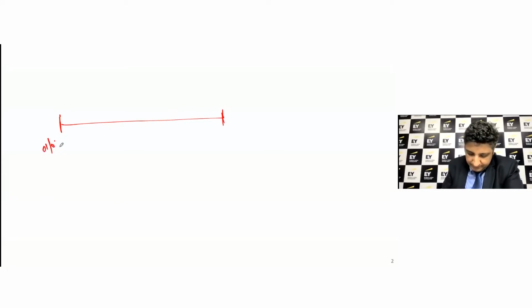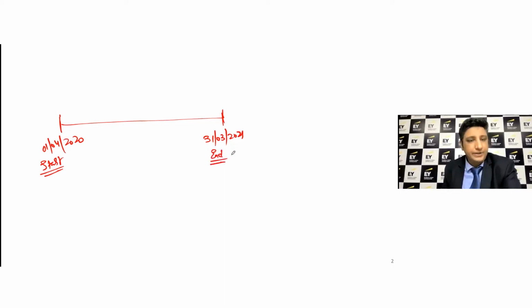Say, for example, I'm taking a time period of 1st of April 2020, which is the start of my financial year. Of course, it ends on 31st of March 21, which is my endpoint there, right?